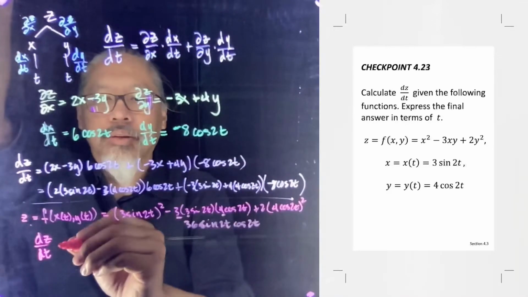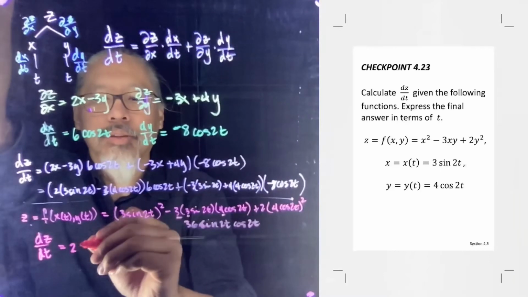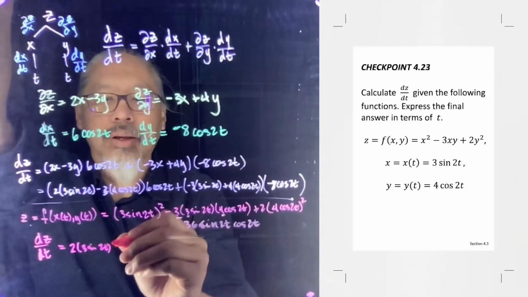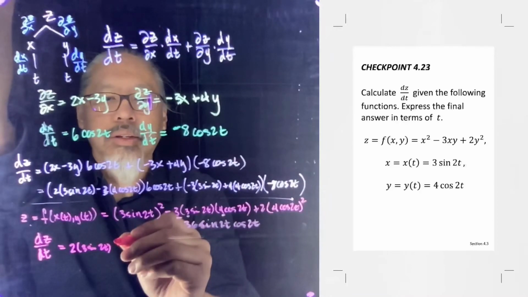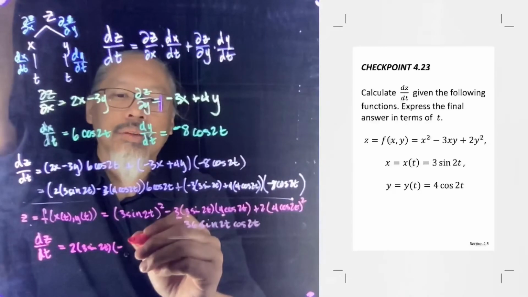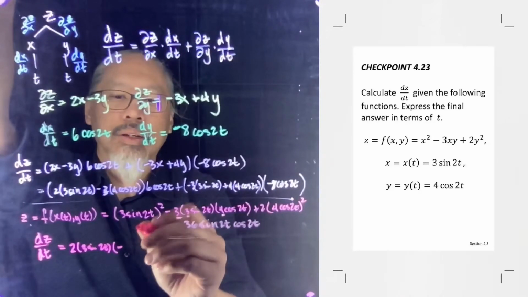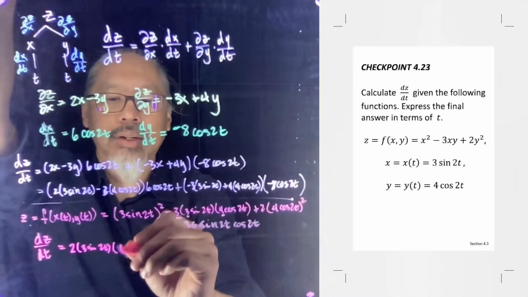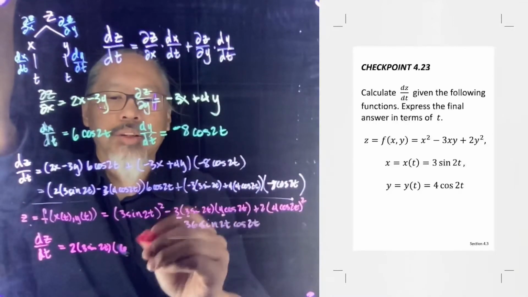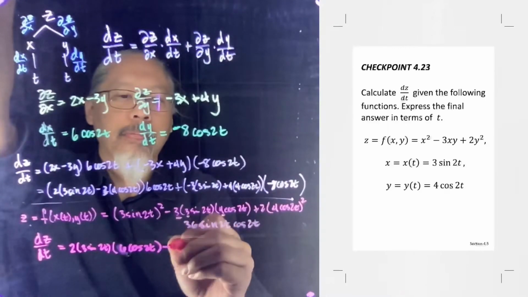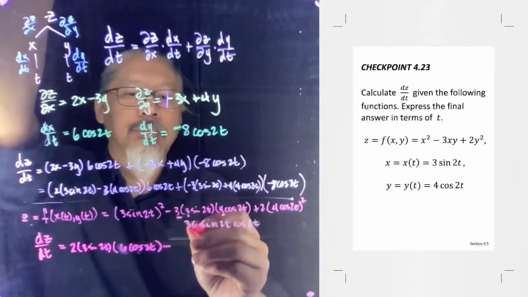If we take the derivative of this, this is going to give us 3 sine 2t to the first power times the derivative of the inside. Oops, the derivative of sine is positive cosine, and again you'll get a 3 times 2, that's 6 cosine 2t. Here you'll have a product rule.